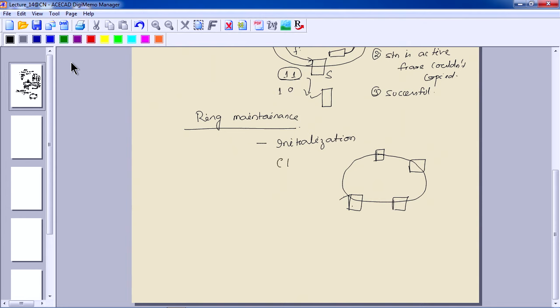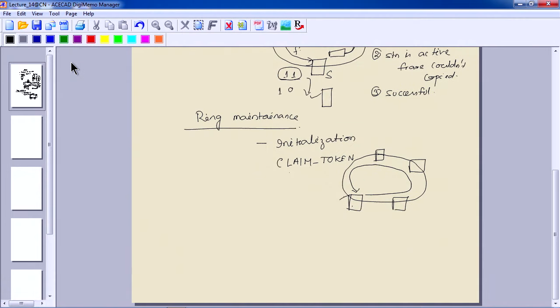Whoever realizes that there is no token present in the channel sends a message, claim token, and waits for the claim token frame to rotate the complete ring and come back to himself. If he finds it as it is, without being destroyed, that means none of the nodes are ready to be the monitor.